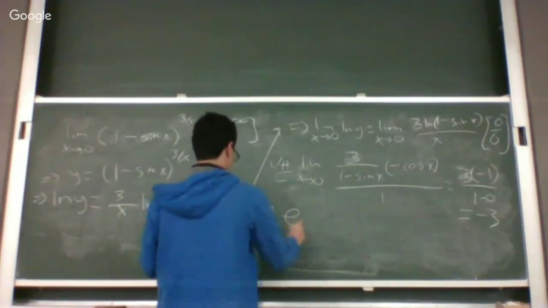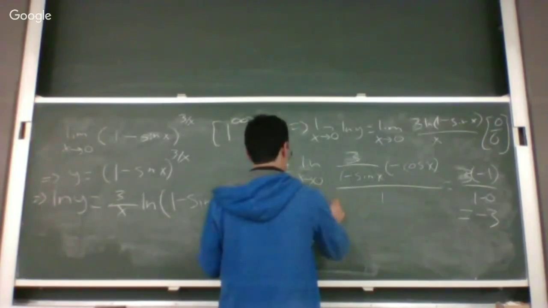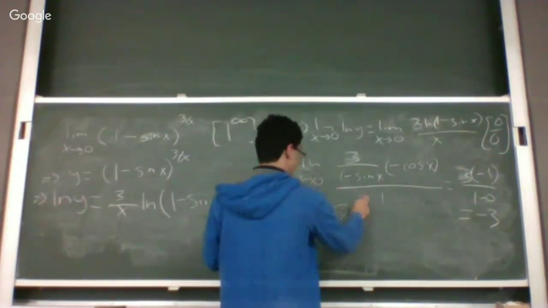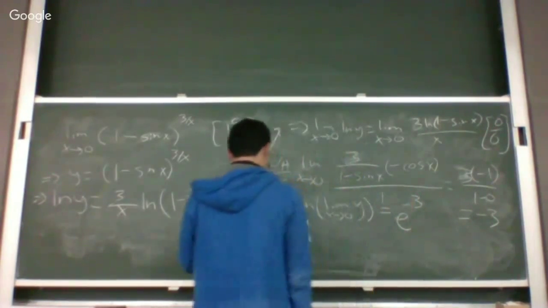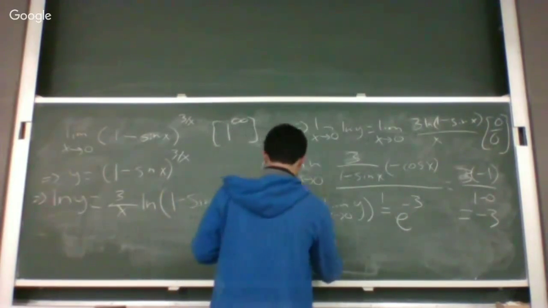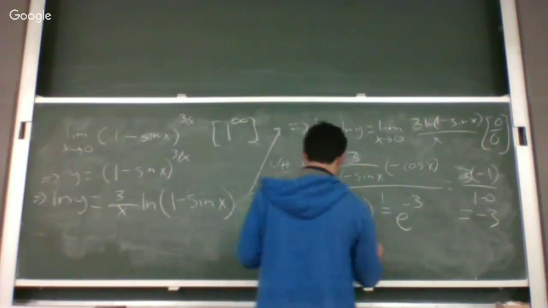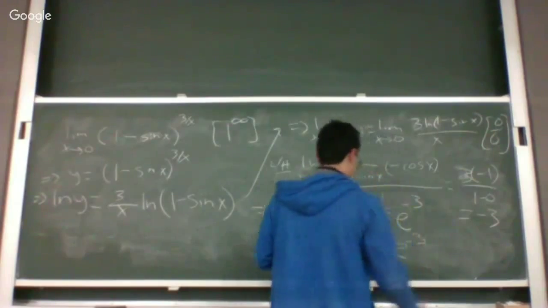Therefore, now we need to do e to the power of the natural log of the limit as x approaches 0 of y, and that's e to the power of negative 3. So our answer, therefore, is the limit as x approaches 0 of y, which we know what y is, equal to e to the negative 3 power.